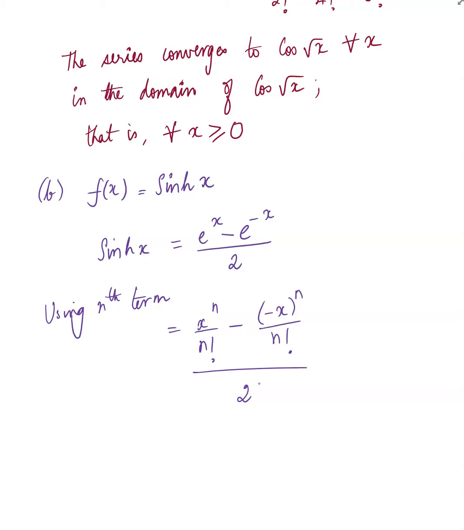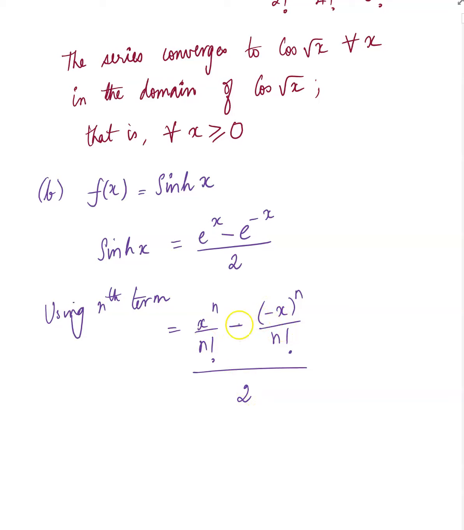What is really important is to understand what happens to this term when you start expanding them. Now what we see is if your n is even, then this minus will go away. So you have x power n over n factorial minus x power n over n factorial, so you'll have a 0 on the top.